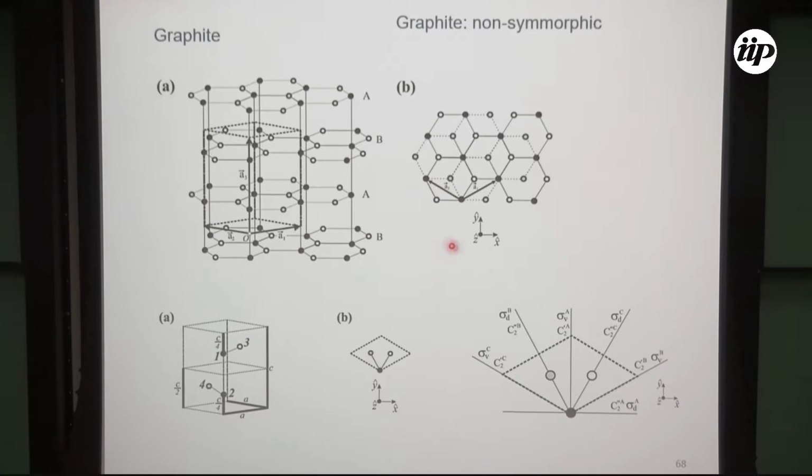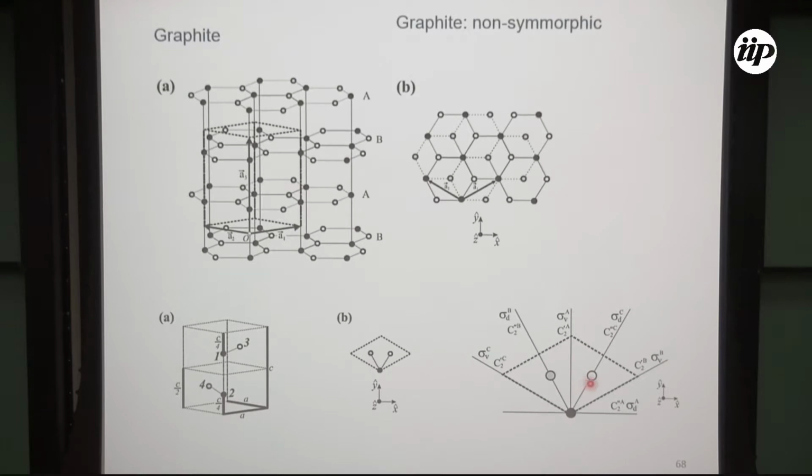Okay, the symmetry elements are exactly the same. We have inversion, C6, C3, all the C2 axes, and so on. But they don't work the same.